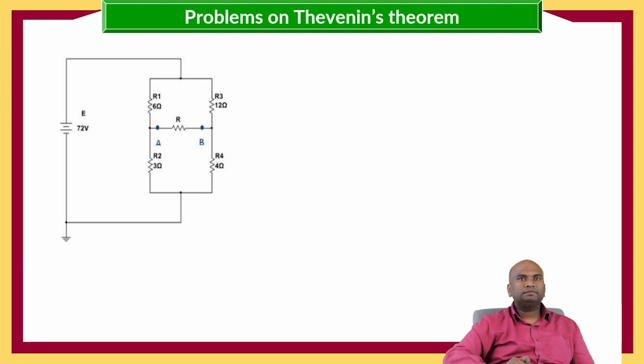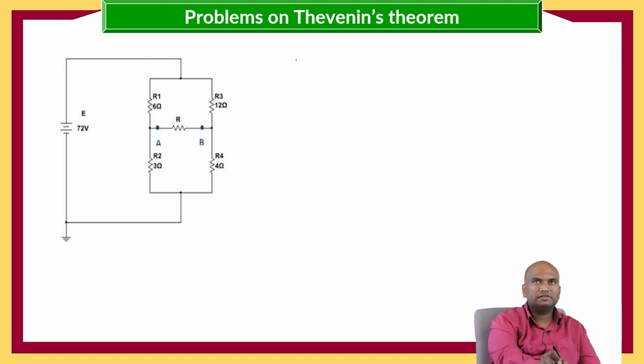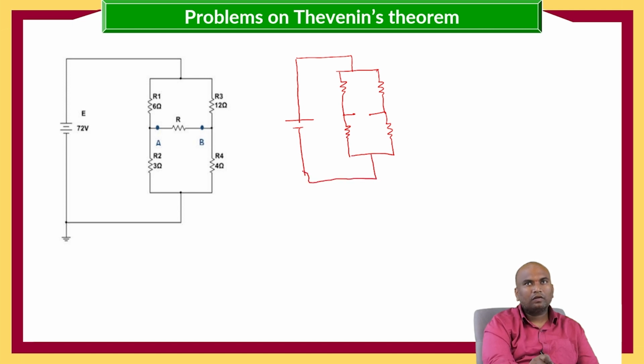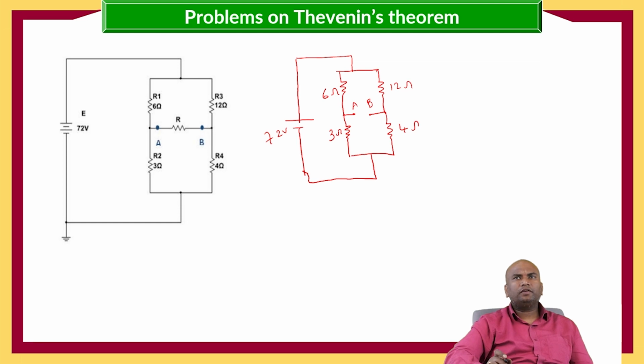For that, we need to open circuit the load resistance. 72 volts, 6 ohms, 3 ohms, 12 ohms, 4 ohms, A and B terminal. Here we need to calculate the VAB.